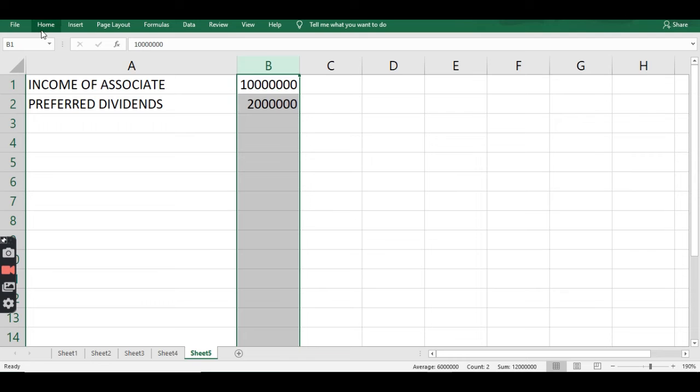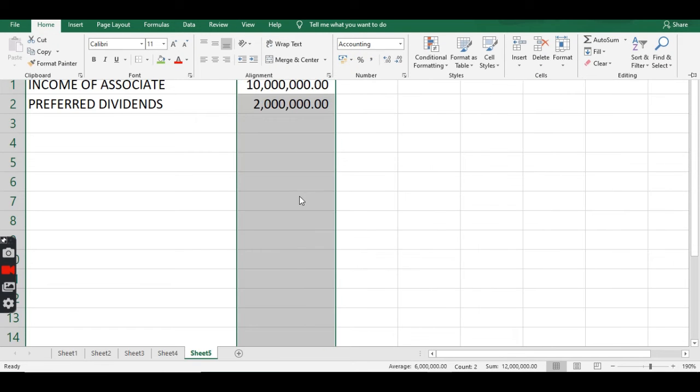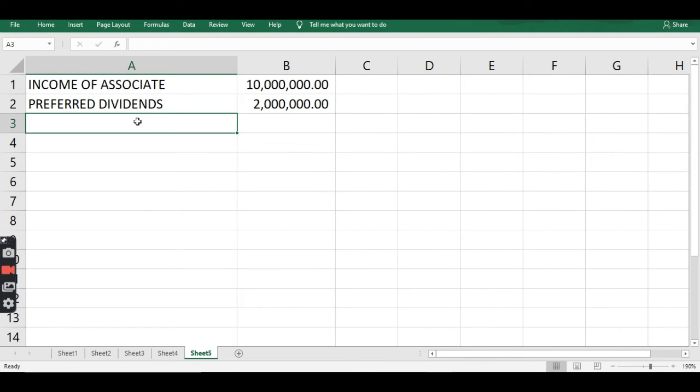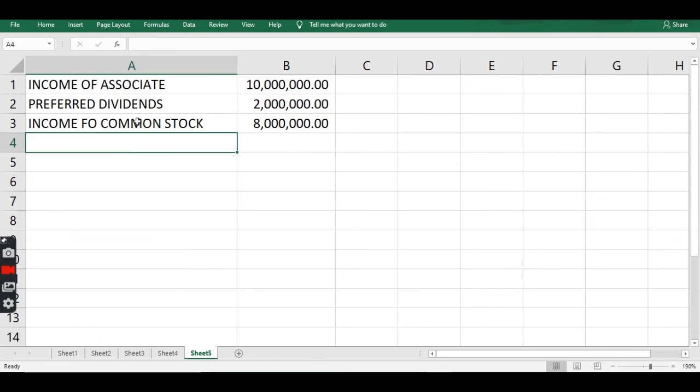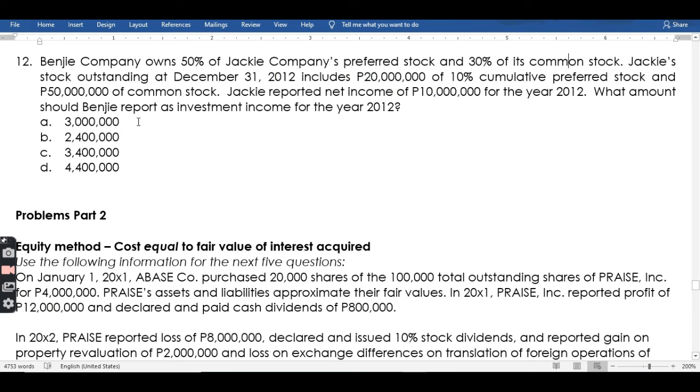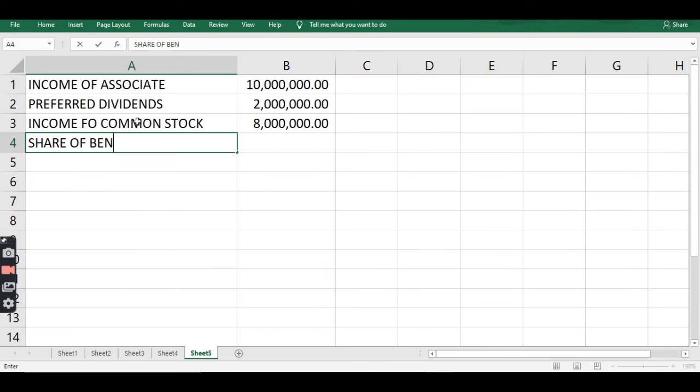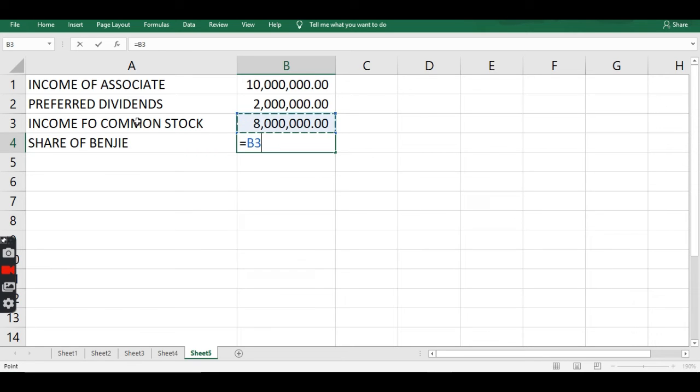Wait, ayusin lang natin to. Okay. So, ngayon, yung income for common stock is going to be ito minus yun. Okay? So, ngayon, yung share of Benji is going to be equal to ito times yung ating 30% ownership. Okay?